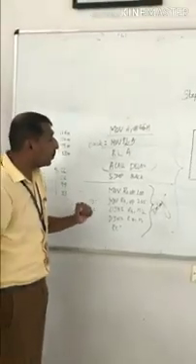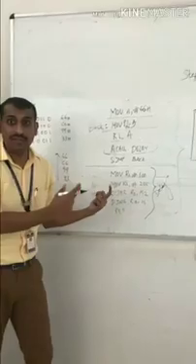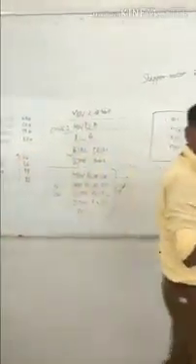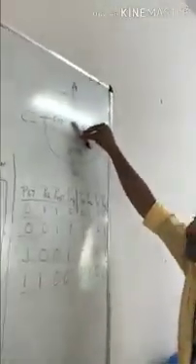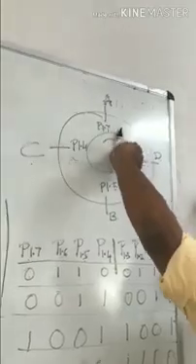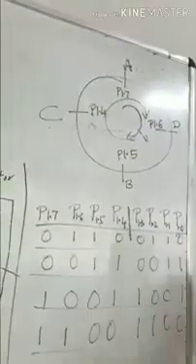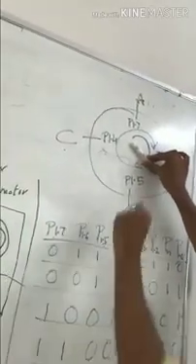What would you want to do if you would want to have anti-clockwise rotation? Now you can think, what should I do? Come here. Again we started from here, right? And we made the rotor rotate like this, and it was clockwise. Now if I want the rotor to rotate anti-clockwise, what should I do?